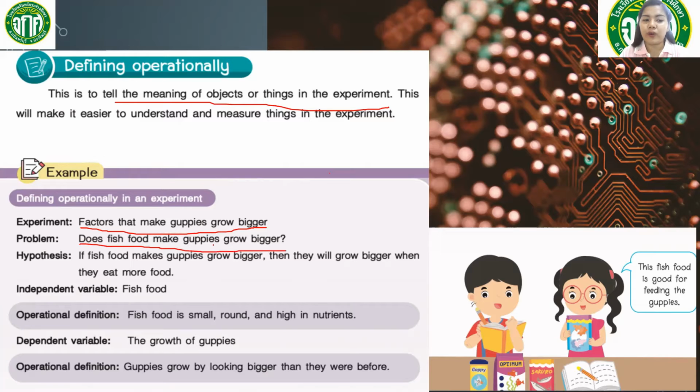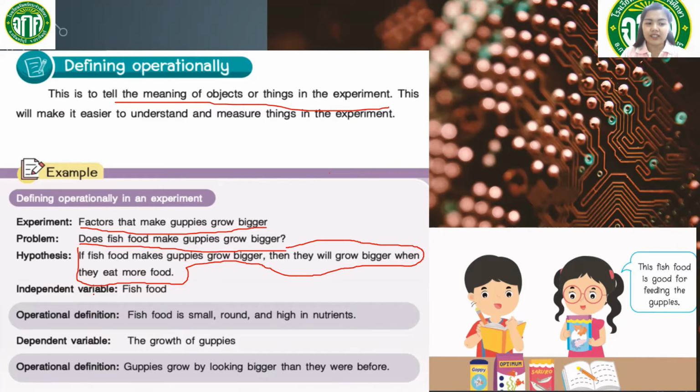So that is our problem. And now we've made a hypothesis. Okay, we answer our question. If fish food makes guppies grow bigger, then they will grow bigger when they eat more food. Okay, so that is our hypothesis.